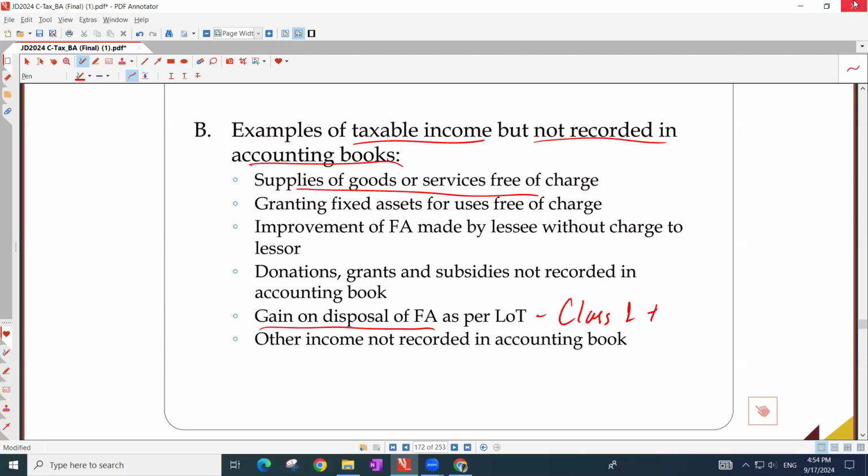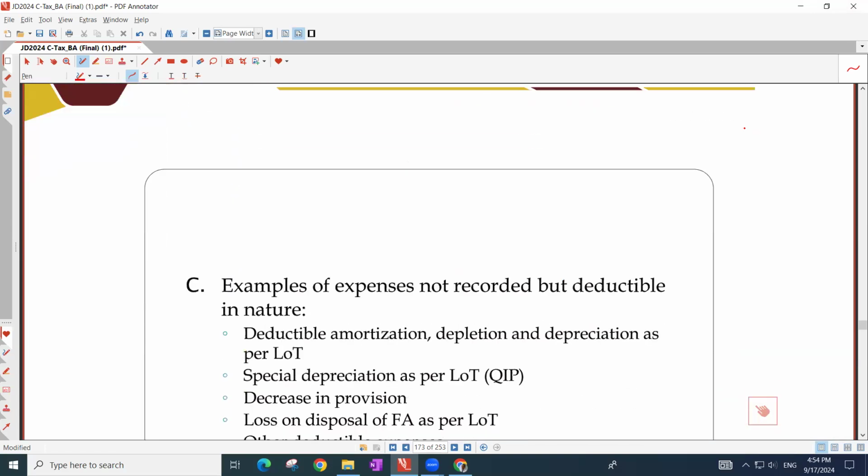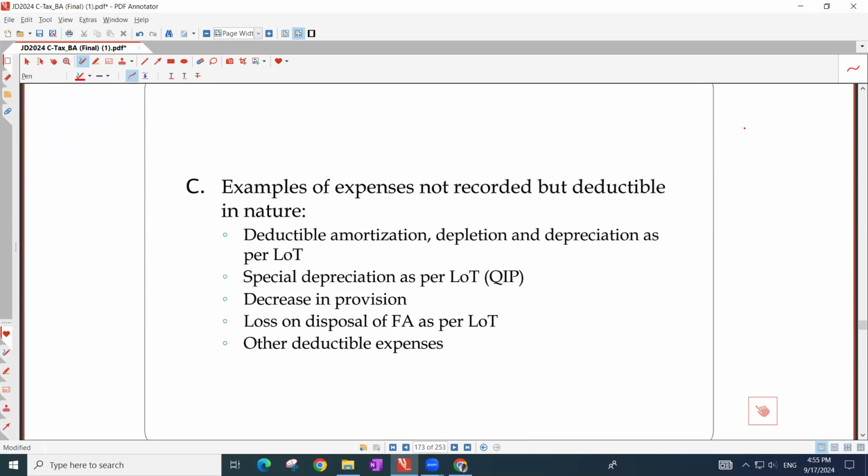Okay. This is something we need to add back, so incomes in section B, and then we go down to C. This is an example of expenses not recorded but deductible in nature. We have some expenses not recorded in the profit and loss account but can be deductible. First of all, deductible amortization or depreciation expenses per LOT, per law on taxation.